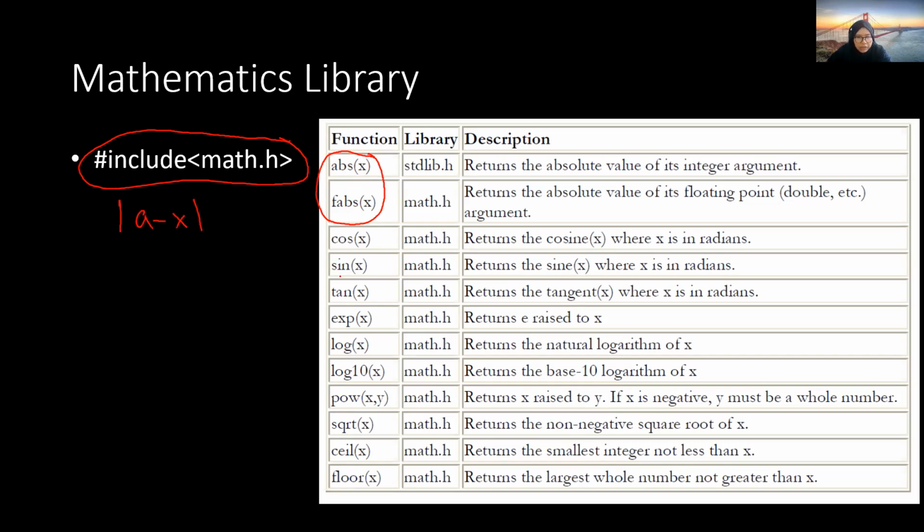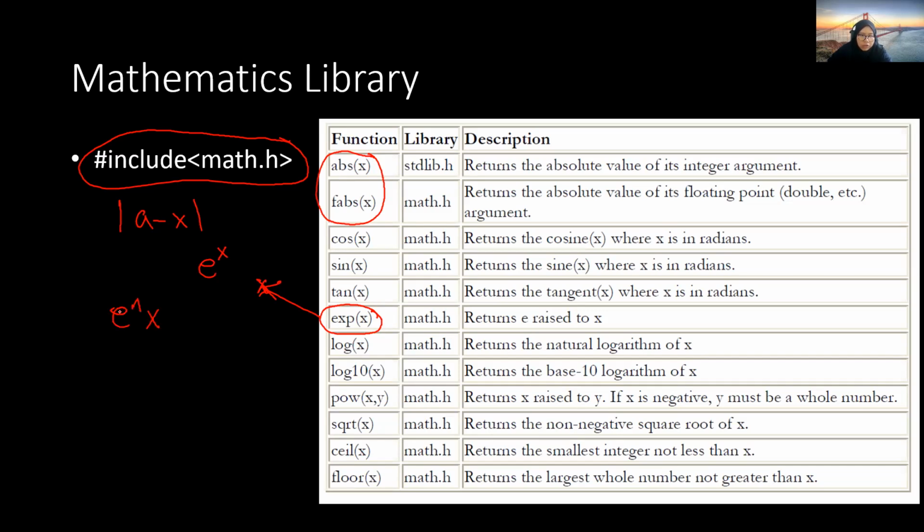Cosine, sine, and tangent, exponential. This is exp x, the natural exponential, which is equivalent to e to the x. You don't write e like that.